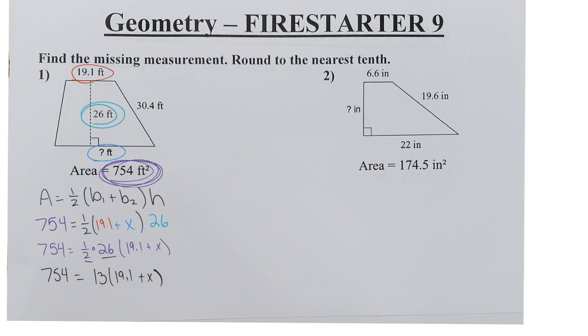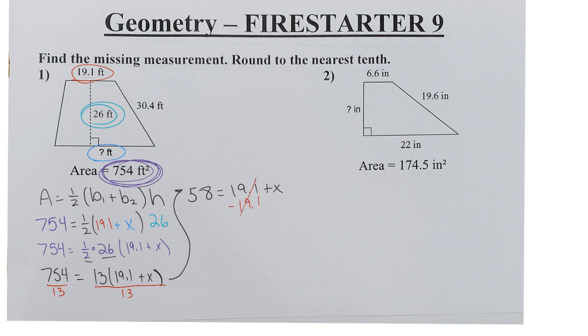Remember, I have to get rid of this 13. It's multiplying, so I'm going to get rid of multiplication by division. I know some people would distribute there, but I think that makes a little more work than we want. So all I'm going to do right now is 754 divided by 13. I don't care if it's a decimal or not. It is 58, but it works out nicely. So now I have 58 equals 19.1 plus X. To get rid of the 19.1, I have to subtract it.